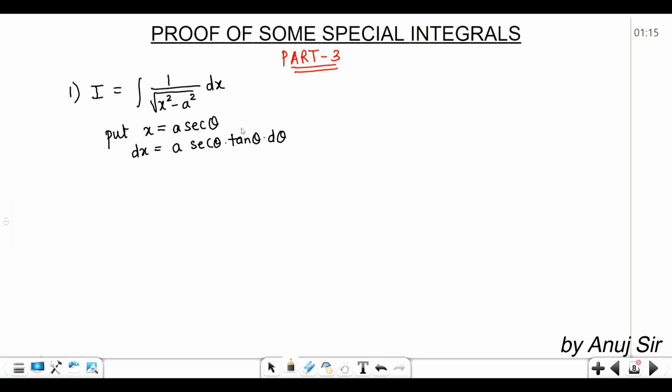Now let's take the value of I and substitute here. So the value of x will be a sec theta, square minus a square, and the value of dx will be a sec theta into tan theta d theta.